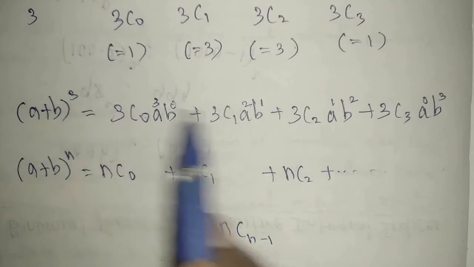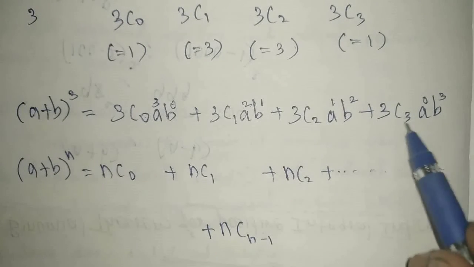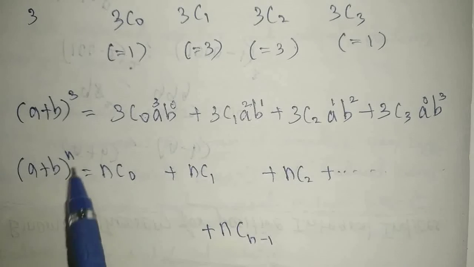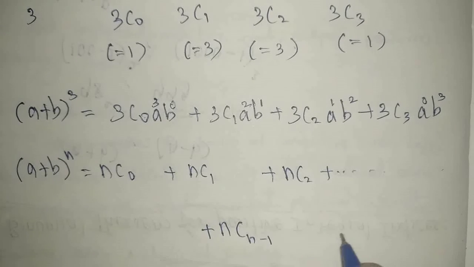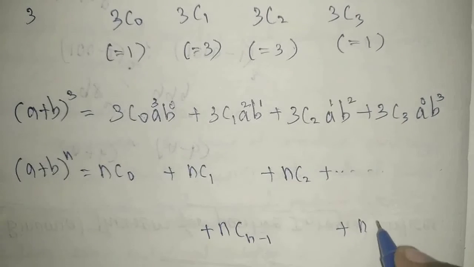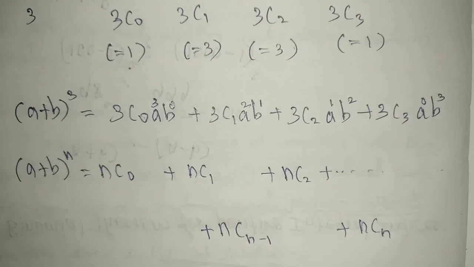So we have continued up to 3 before, and here n is there, so up to n we need to continue. Space I am giving, so nCn, like that we have to continue.